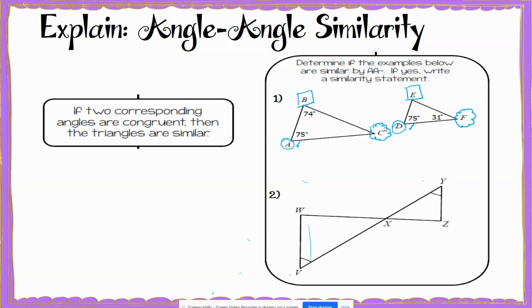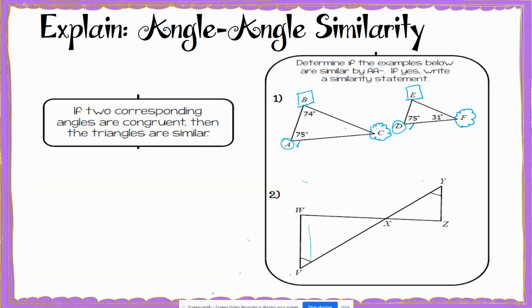So I would need to use what I know about triangles. I know that the interior angles of triangles add up to 180 degrees. So I need to figure out what either C or E equals. If I'm just going to look at my first triangle, I can figure out the measure of angle C by doing 180 minus 74 minus 75.